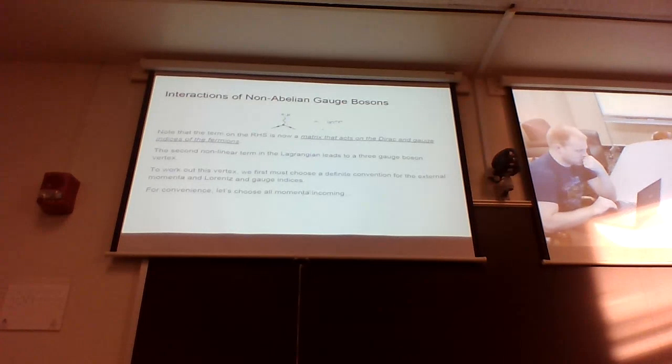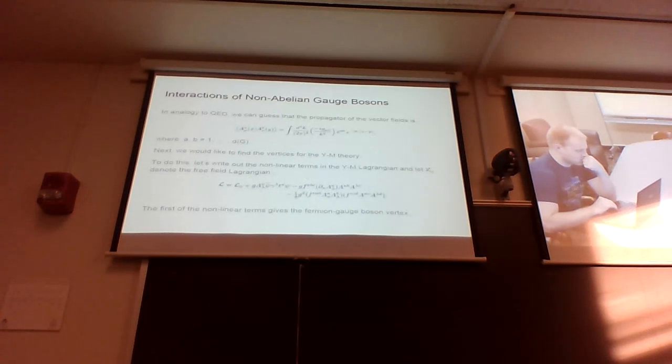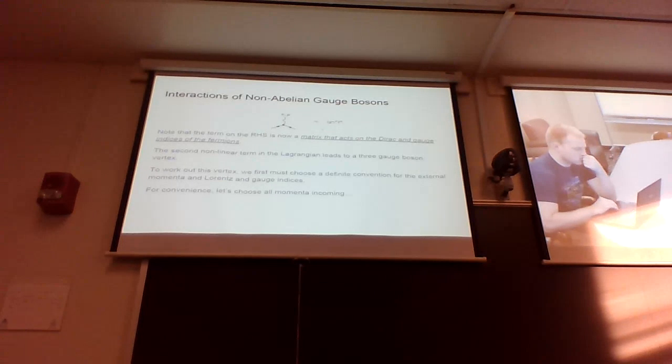So what you want to do when you work out these cubic and quartic interactions is first write down what your Feynman diagram or Feynman rule looks like, and then pick a particular convention for the external momenta and the Lorentz and gauge indices.